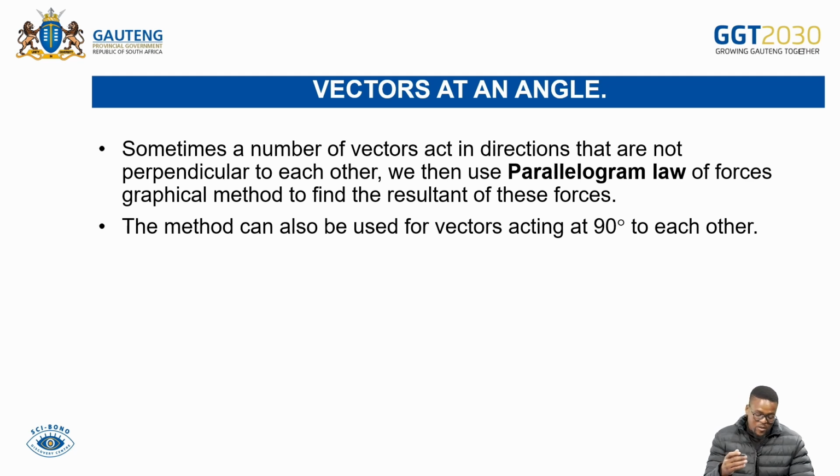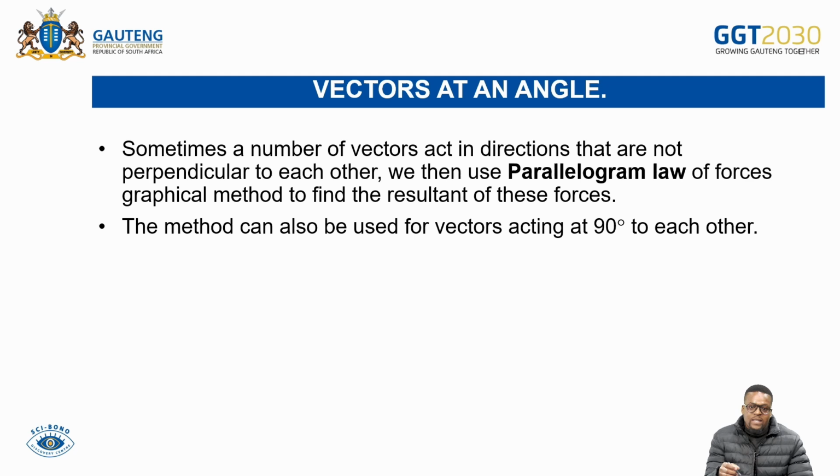Now, the parallelogram law of forces can also be used if the angle between them is 90 degrees, which is the right angle triangle, or they are perpendicular to each other, right? So this means that this method can also be used for vectors acting at 90 degrees to each other. It's not only if they are acting at an angle. Even if the angle is 90 degrees, we can still use the parallelogram law of forces.